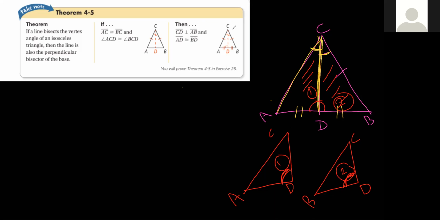So because of that, I can say now that this one is corresponding with this one.